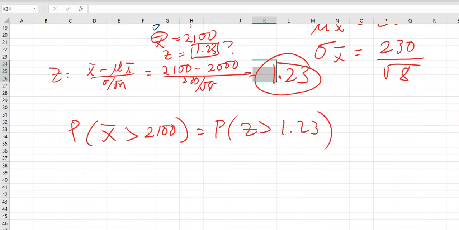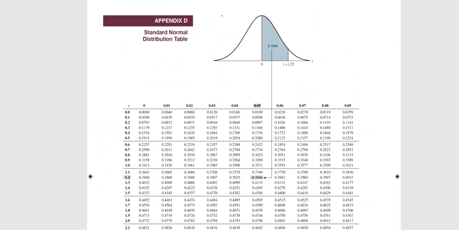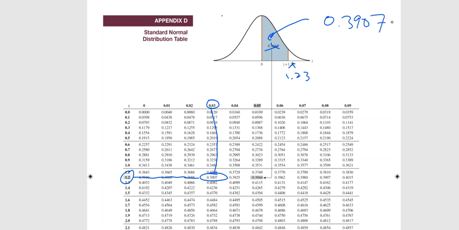Okay, so we can use Excel or the table again. So if we use the table, it will show me that 1.2 and 3 is there. 0.3907. So if this z is 1.23, then I know that this is actually 0.3907.